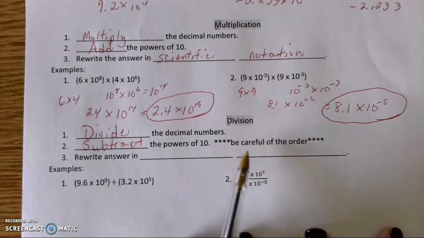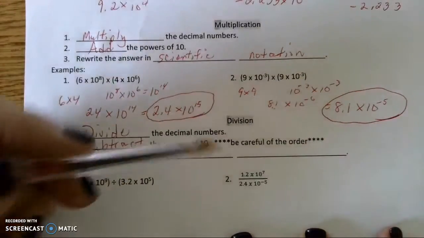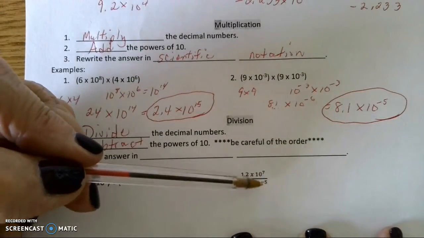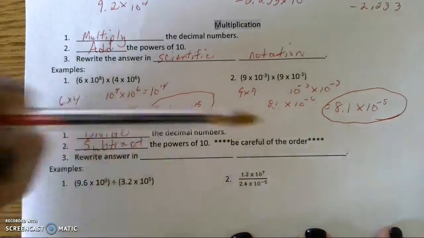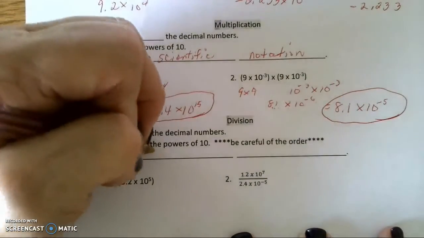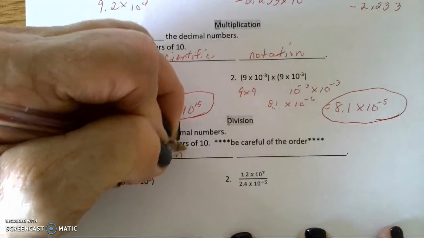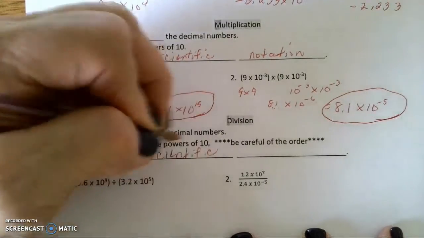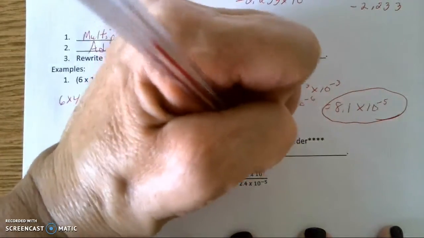Notice the little caution. Be careful of the order. Remember, it's going to be whatever's in your numerator minus the denominator, first number minus the second. And then you're going to rewrite your answer in scientific notation.